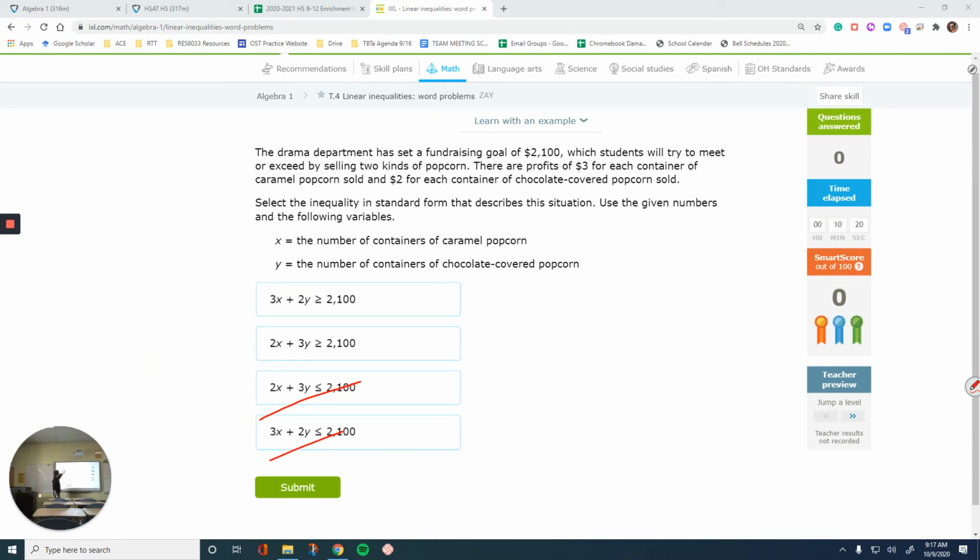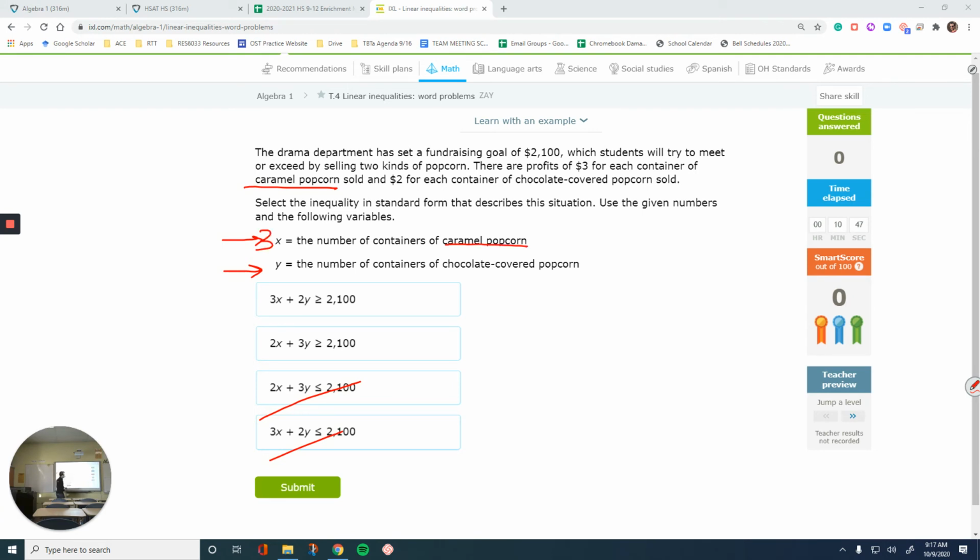Okay, by selling two kinds of popcorn, let's see what kind of popcorns they have. I think those are these two. There are profits of $3 for each container and $2 for each container of, okay. So $3 for the first kind, it's like 3x, okay?